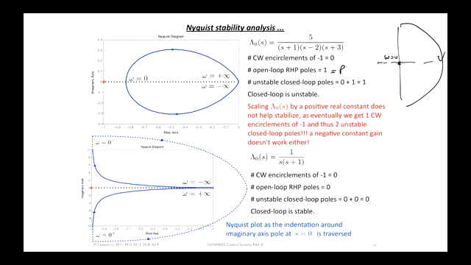We clearly make 0 encirclements of that point, and so we will end up with 1 unstable closed loop pole.